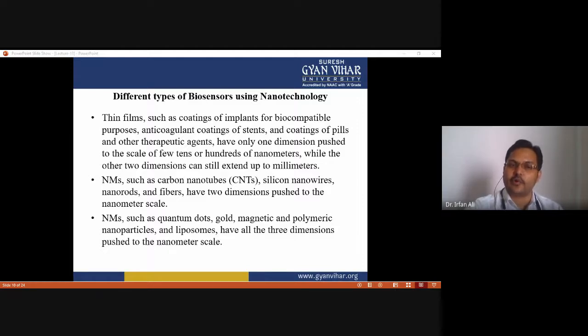modified in order to produce the desired material with specific absorption, emission, and light scattering properties. And bioconjugated nanoparticles have also been developed for signal amplification in assays and other biomolecular recognition events.